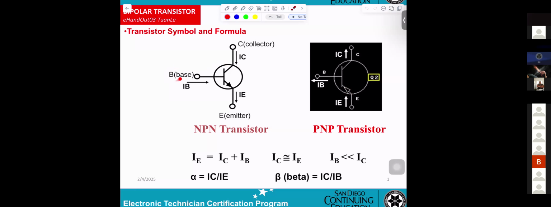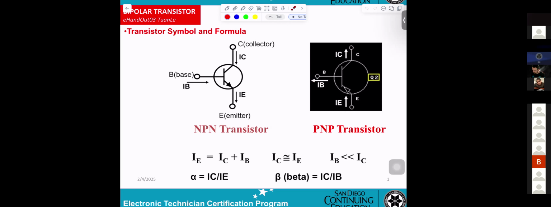One will be a base, and another one will be a collector, and this is the emitter. Same thing, you get an emitter here for PNP, collector, and the base.